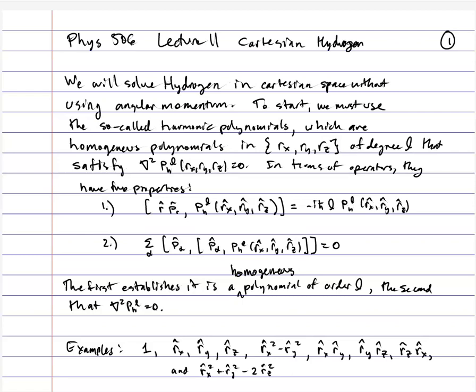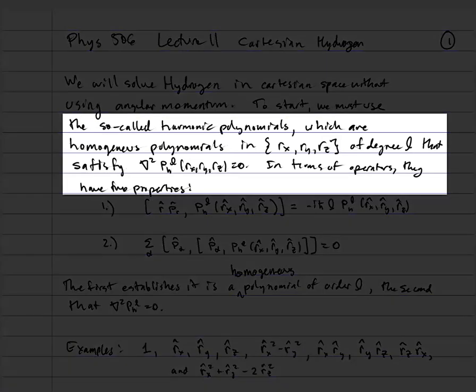We're going to be working with what are called harmonic polynomials. These are homogeneous polynomials in Rx, Ry, Rz. Homogeneous means that every term in the polynomial has the same power if I count powers of Rx, Ry, and Rz and add them all together. There's a total of L powers of Rx, Ry, and Rz in a particular homogeneous polynomial.